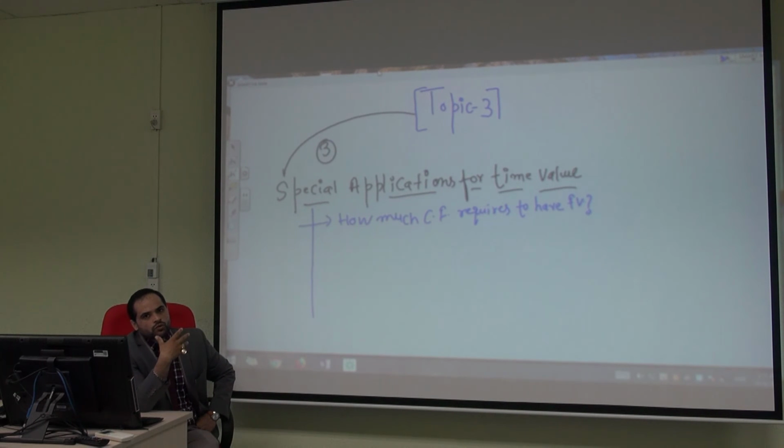Because we need to know the exact amount in order to have exactly $50,000. If you invest more than needed, your future value will be above $50,000, but your money requirement is only $50,000.